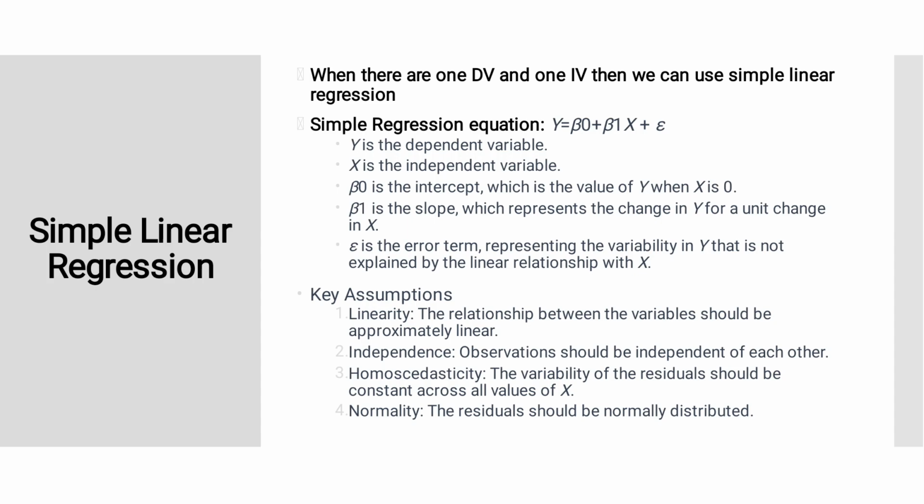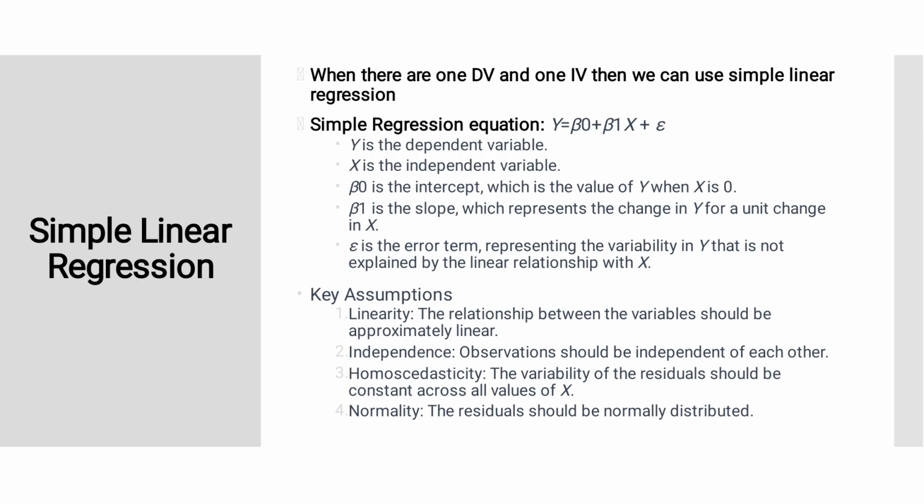If the variability of the residuals changes, means the original value of x and the predicted value of x differ, then there is a possibility that all these error terms will be correlated, or collinear with each other. That leads to inaccurate prediction of the regression coefficient. So that's why the homoscedasticity assumption should be there.